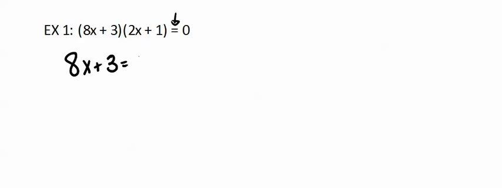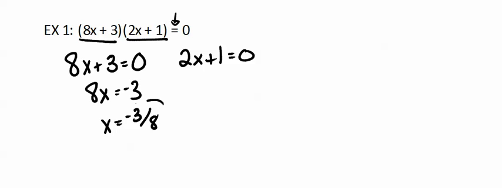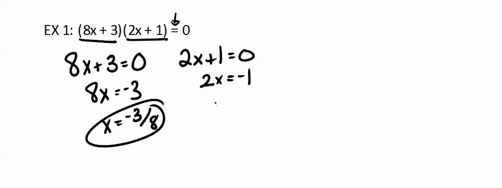I'm going to set 8x plus 3 to 0, and I'll set 2x plus 1 to 0. Because if either this or that is 0, it would make it true. So 8x equals negative 3, x equals negative 3/8, and then I'll solve for the other one, x equals negative 1/2.